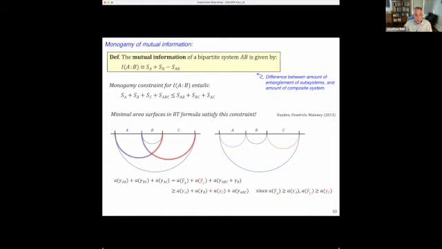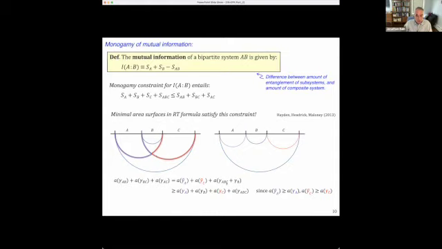So it's represented by this fat purple surface that has the same boundary as A. Similarly, gamma C tilde is a bulk surface that has the same boundary as C, but not necessarily the minimal area such surface, and it's represented by this fat red surface.